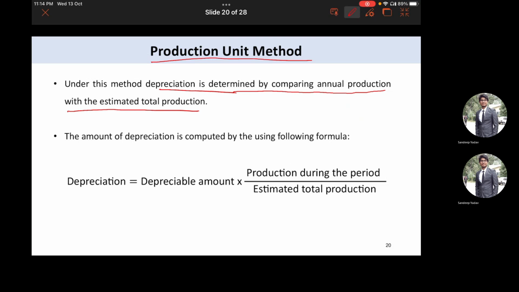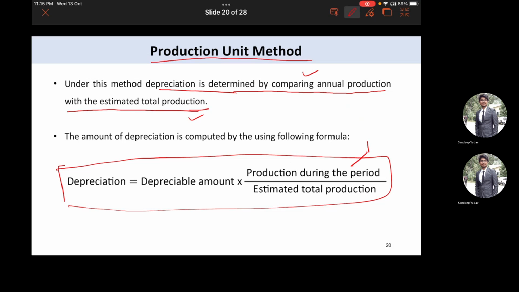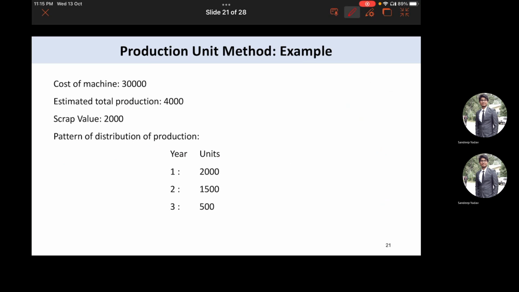In a similar manner, as with machine hours, here we are comparing the annual production to the estimated total production. It is the same thing that we have done previously, only that previously it was the number of hours and the total hours of life. Now the amount of depreciation is computed using this formula.